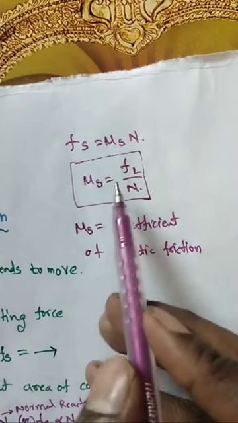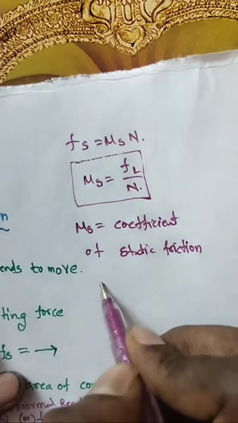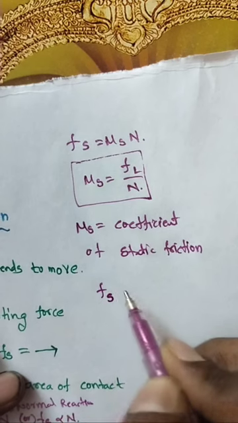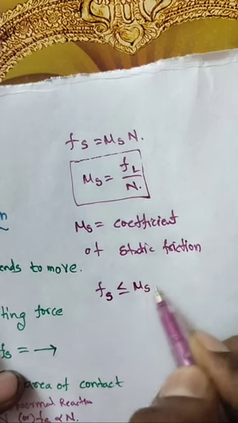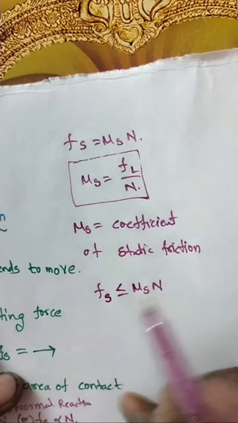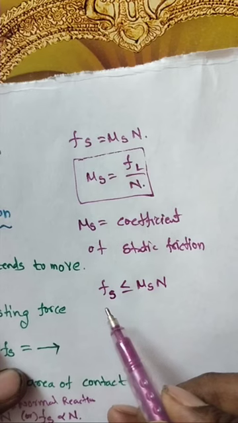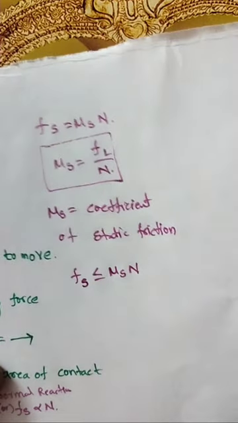So the formula is mu s is equal to Fl by N. The condition is always Fs is less than or equal to mu s N. This is the condition of static friction.